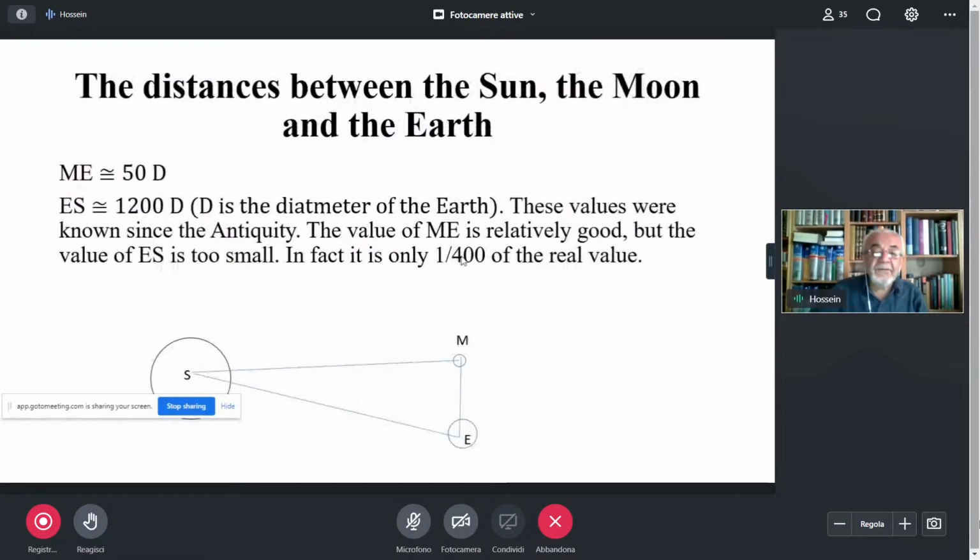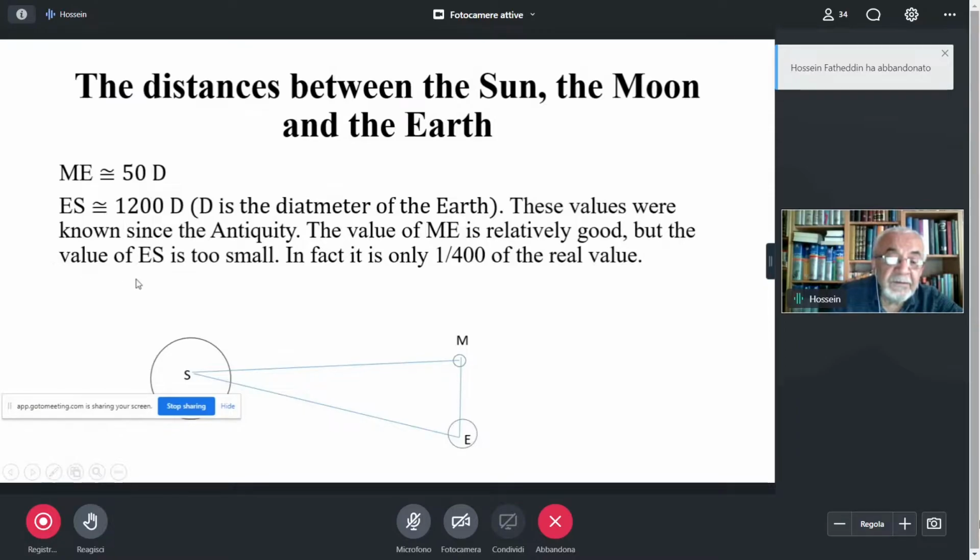As for the distances of the sun and the moon to the earth, Ibn al-Haytham used the distances given in the books on astronomy. Here, M is the moon, E is the earth, and S is the sun. The unit of measurement in all cosmological dimensions in ancient astronomy was the diameter of the earth.